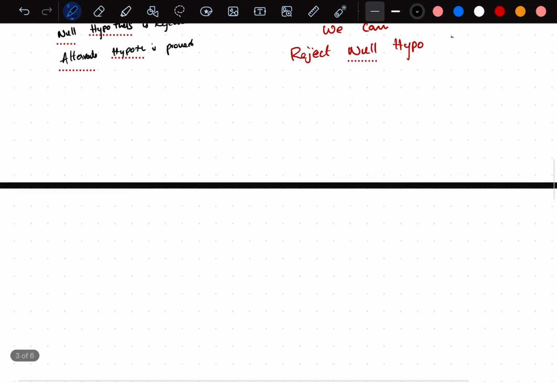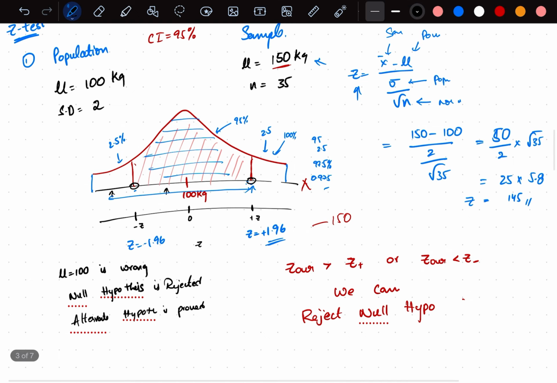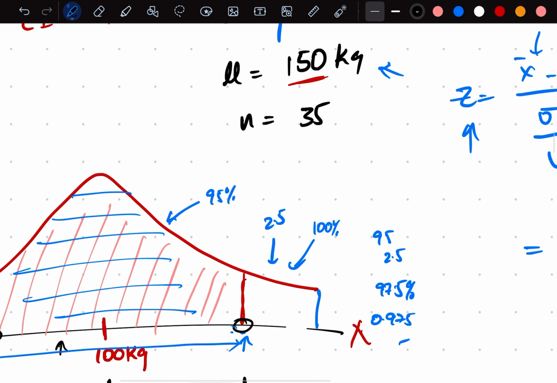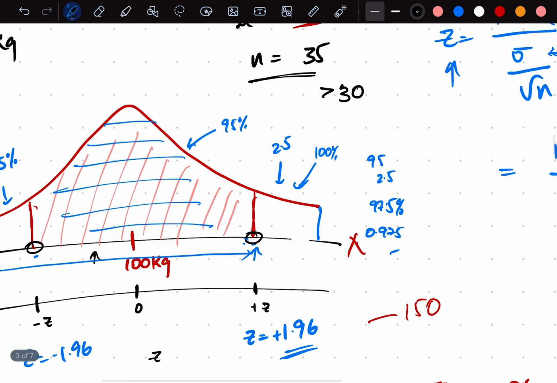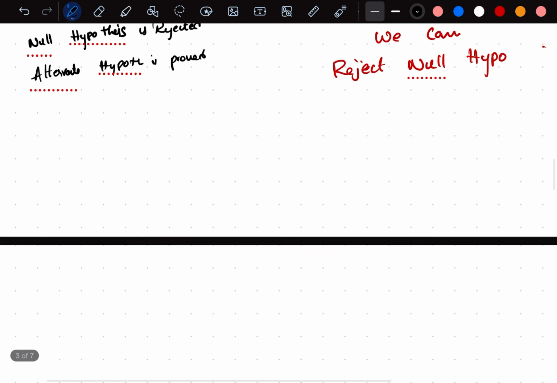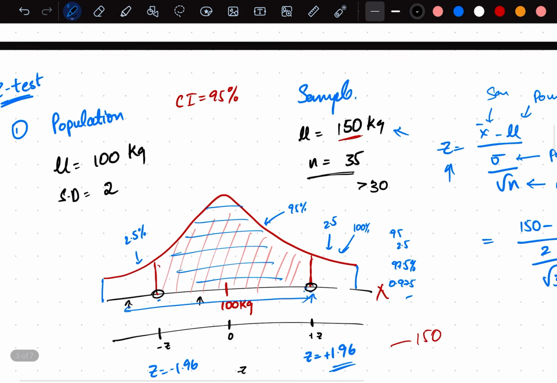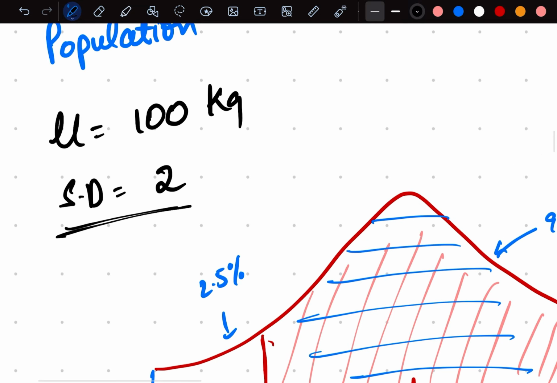T-test is nothing but whenever you have the sample. Sorry guys, this is a condition I just forgot to mention. If the sample size is more than 30, then you can consider z-test, or else you need to consider t-test. And also you need to know the population standard deviation, which is very important.